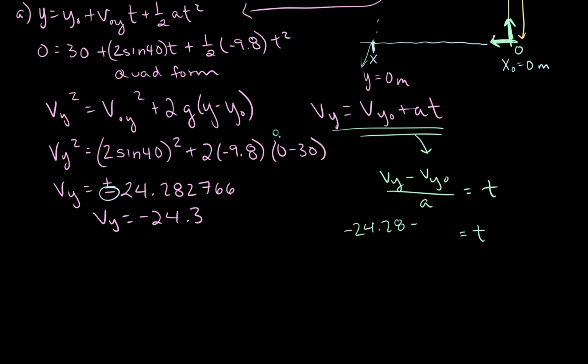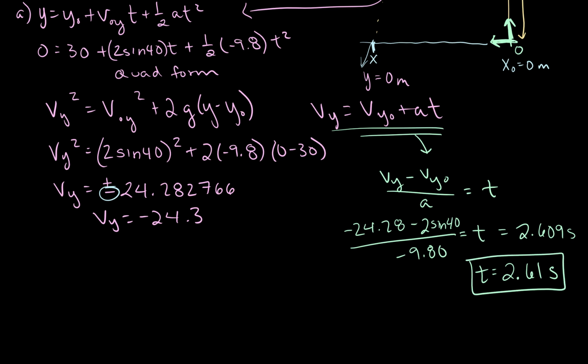I don't know why I put a 4, I was thinking 40. All divided by negative 9.80. Plugging that into your calculator, you get 2.609 seconds, or if we round to 3 sig figs, 2.61 seconds. So that's actually our answer for part A.